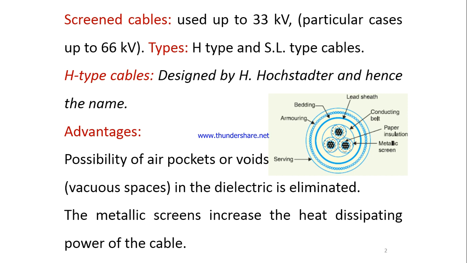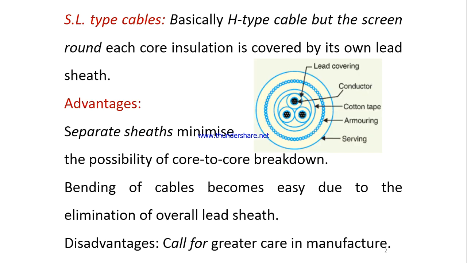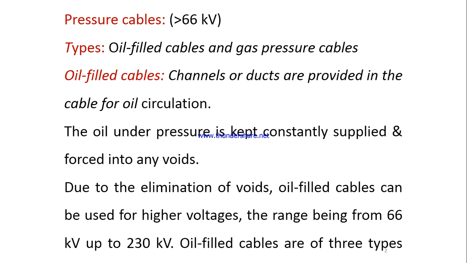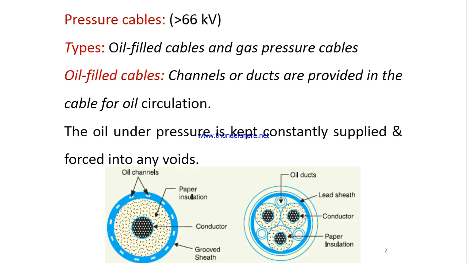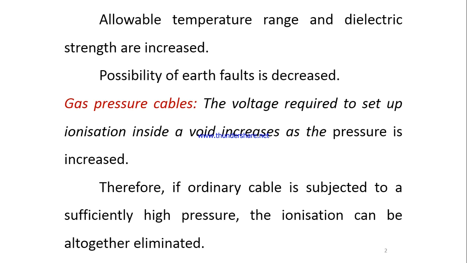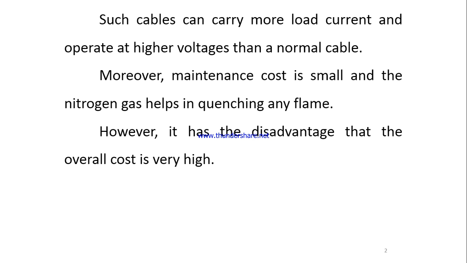Here we have a metallic screen for each conductor, over which the belt is provided, combining all the conductors. Next are the SL type cables, pressure cables, gas pressure cables, etc.